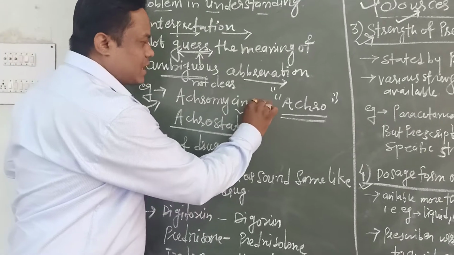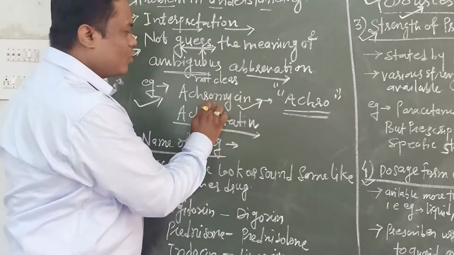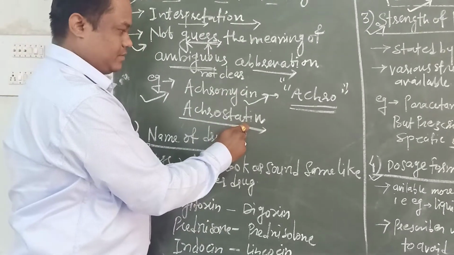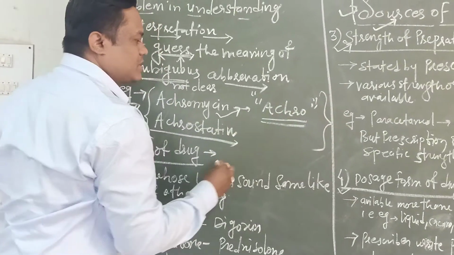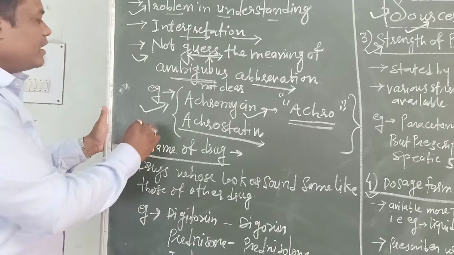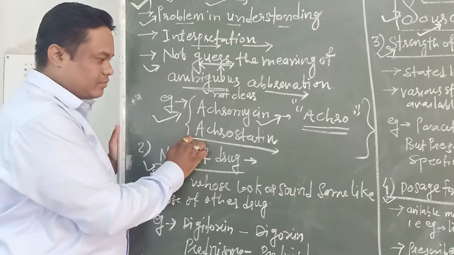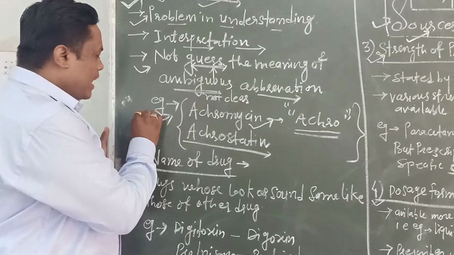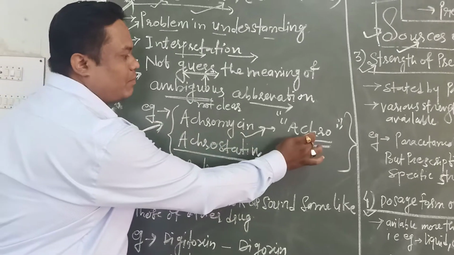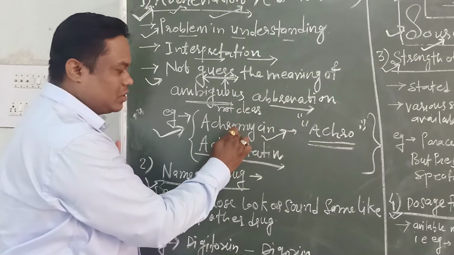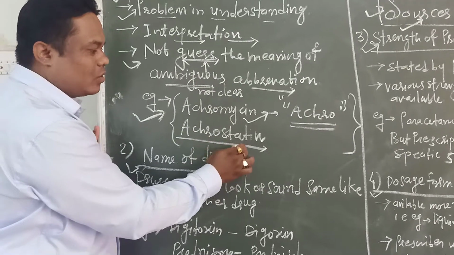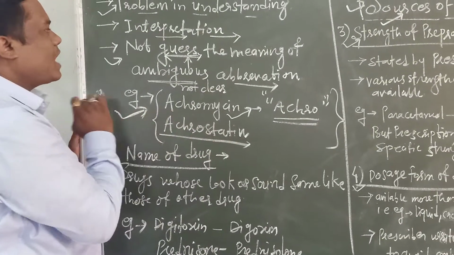What is prescribed or dispensed? Is it acromycin or acrostatin? In this case, it is the responsibility of the pharmacist, after confusion, to consult the physician or prescriber directly and understand whether ACRO is written for acromycin or for acrostatin. So this is the example of abbreviation.